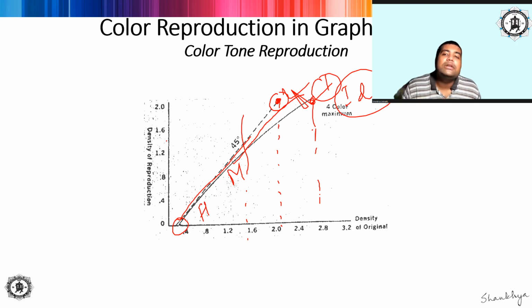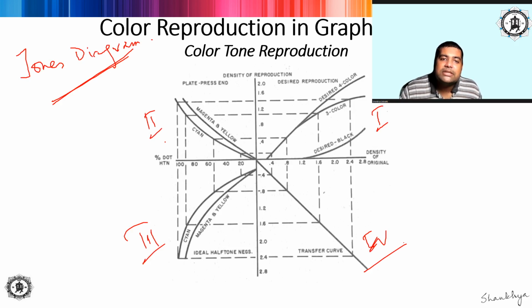Whatever your suitable understanding of the printing process is, whatever your requirement during that print production process is, you will just draw a tone reproduction curve likewise. That is what has been represented in quadrant 1. So the desired 4-color reproduction curve is this one.